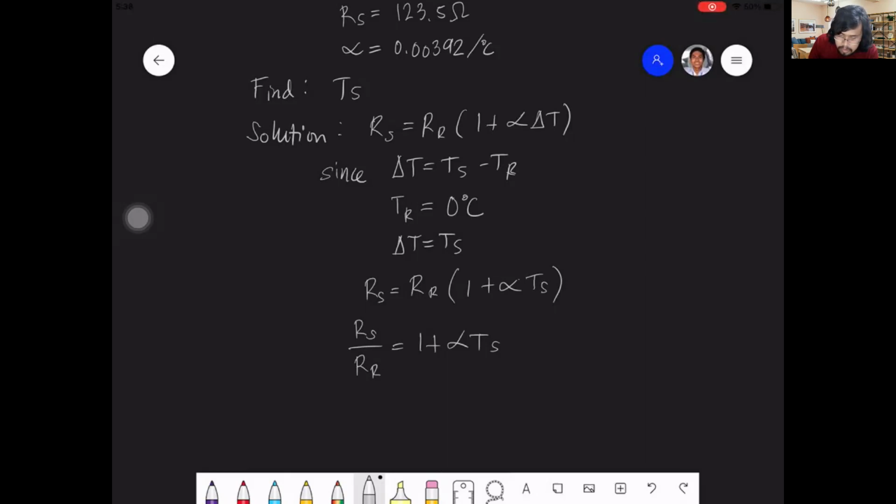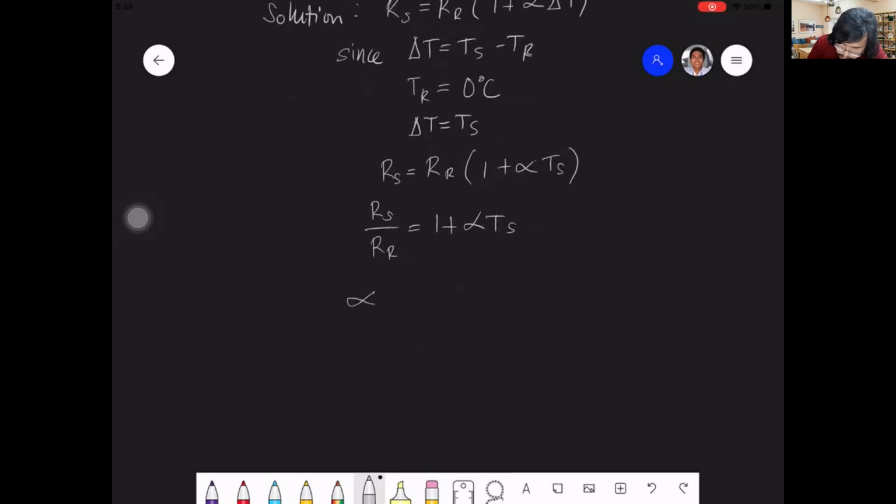Okay, so we have delta times T sub S equals 1 minus... oh, sorry, it's going to be R sub S over R sub R minus 1.